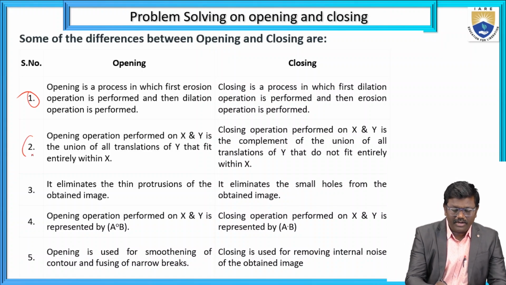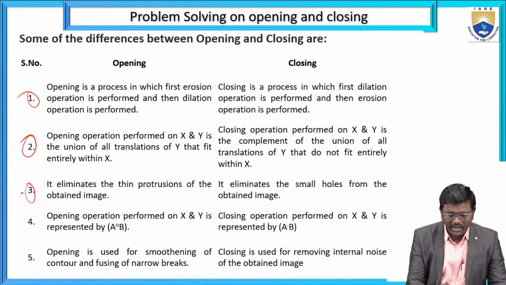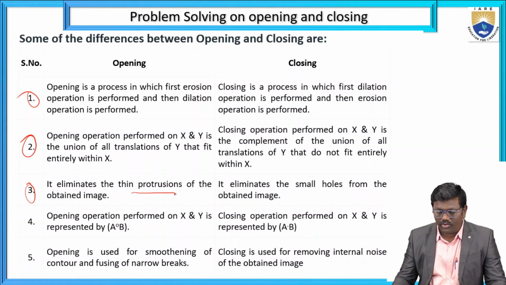Number two, the opening operation performed on X and Y is the union of all translations of Y that fit entirely within X. The closing operation performed on X and Y is the complement of the union of all translations of Y that do not fit entirely within X. Third, opening eliminates protrusions from the obtained image, whereas closing eliminates small holes from the obtained image.